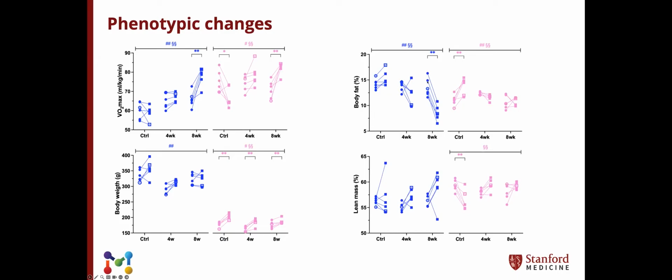So the males, the trained males, decreased in their body fat percentage, whereas there was no change in the females. However, the untrained females did increase in body fat percentage. So in the females, training kind of rescued this increase in weight. So they remained weight stable over the 8 weeks. And here you can see the lean mass. There was no significant difference in lean mass in the males, a small decrease in the untrained females.